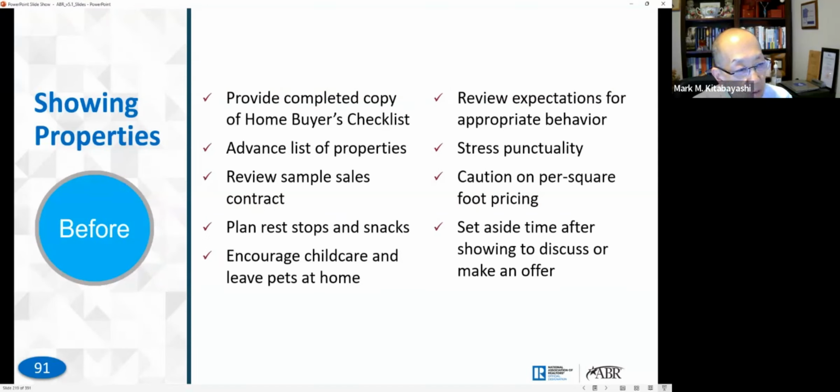And I let them know through email: these are the houses we're going to see, this is where we're going to meet, and these are the appointment times we have. Usually, in my situation, people take about 15 to 20 minutes for each property.